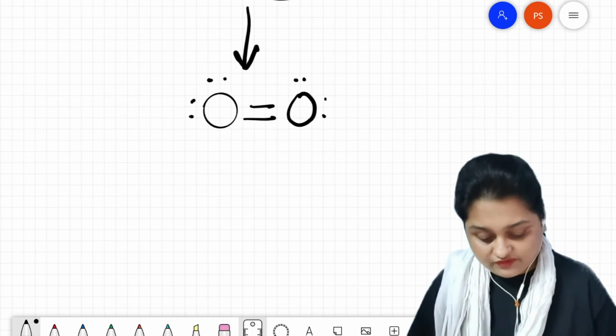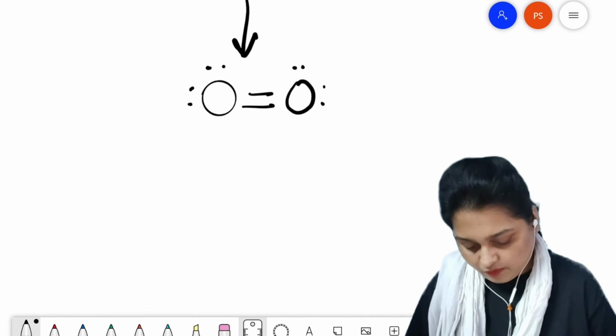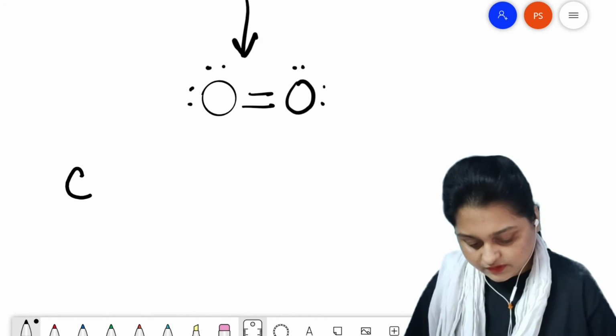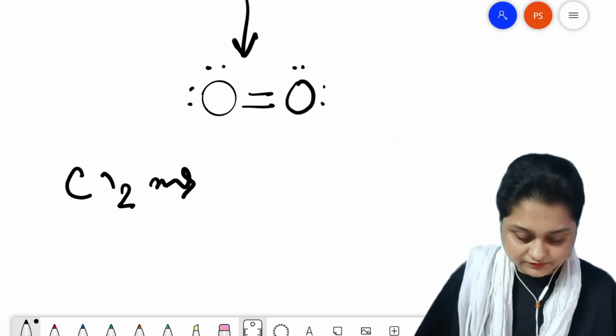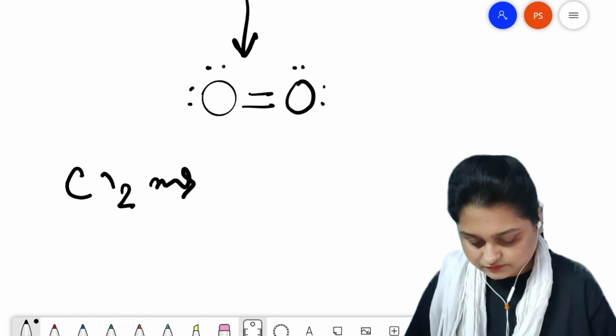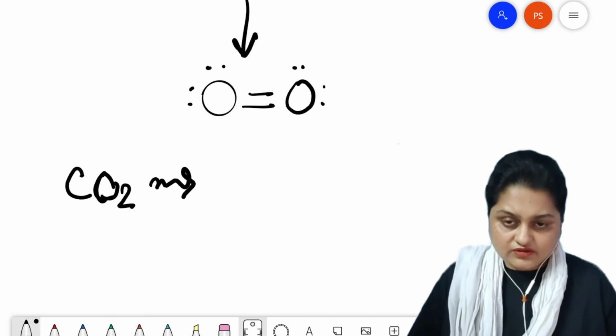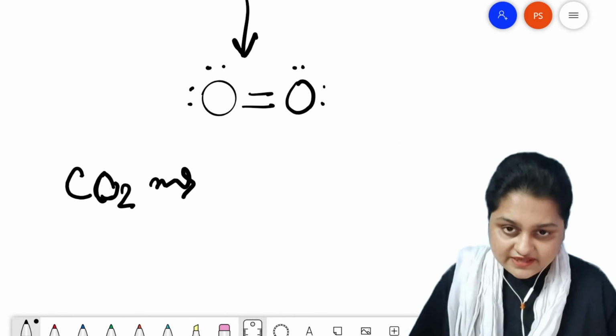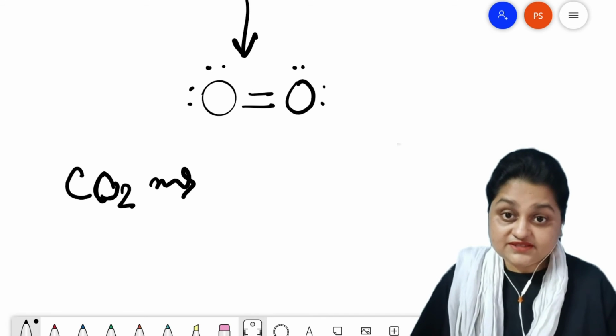Let's take the example of another molecule, which is carbon dioxide. The central atom of carbon dioxide is carbon.